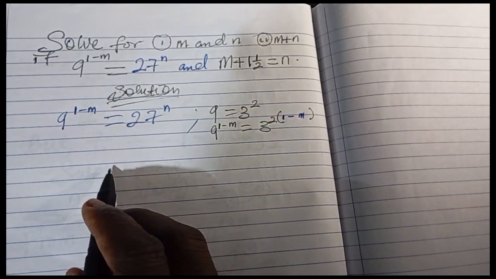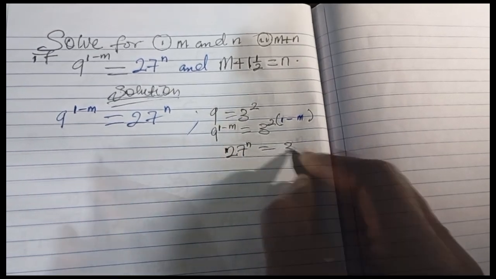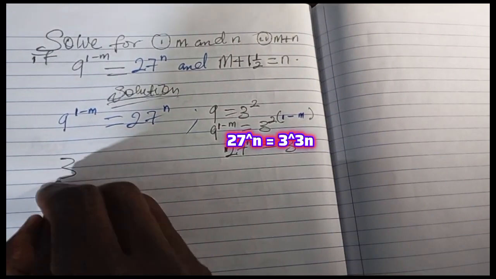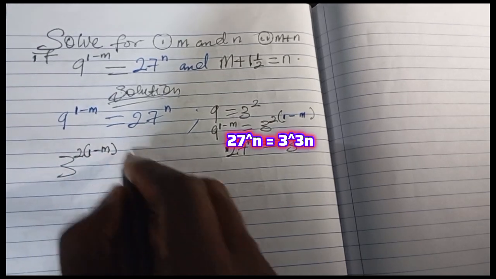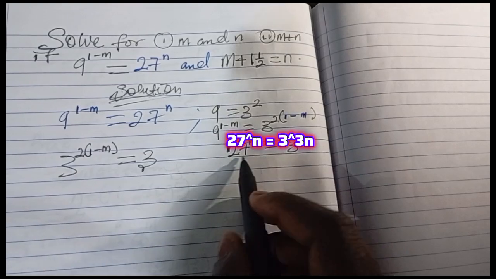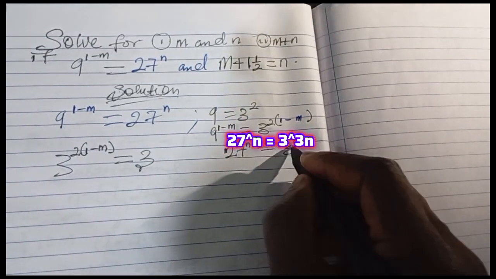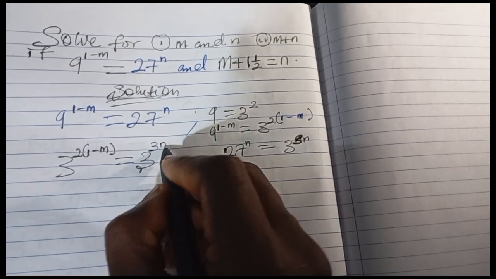Okay, 27 raised to power n is equated here. Can have 3 raised to power 2(1 minus m) is equal to 3 raised to power, remember 27 is 3 raised to power 3n. So we have 3 raised to power 3n, okay?